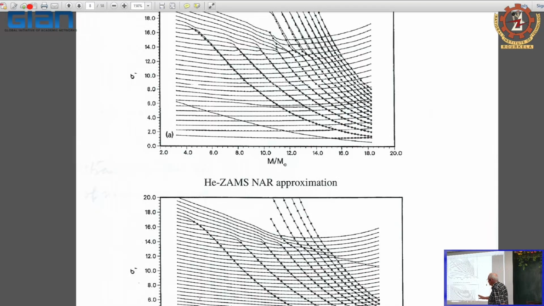Now they get exactly the same frequency. The ordinary normal modes seem not to be affected by this approximation, and even the strange modes are not affected very much.